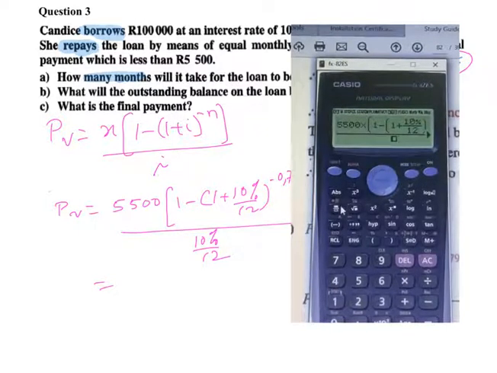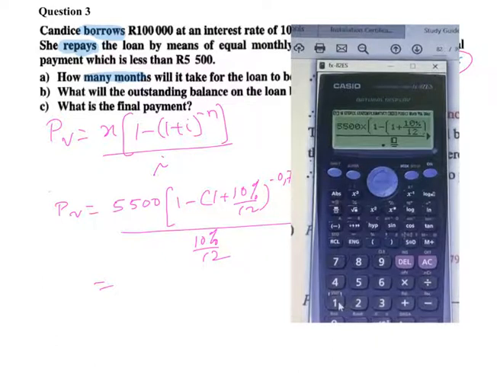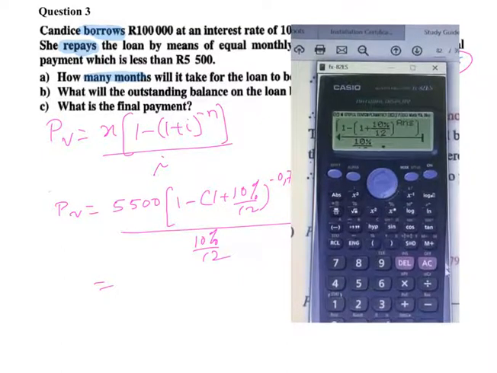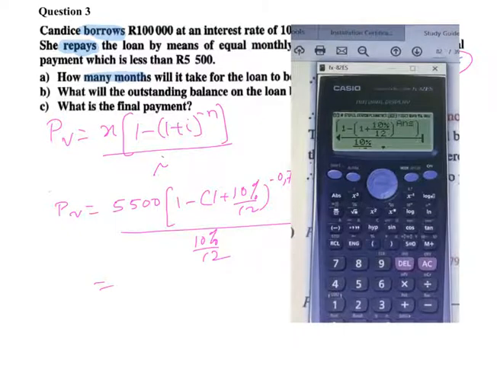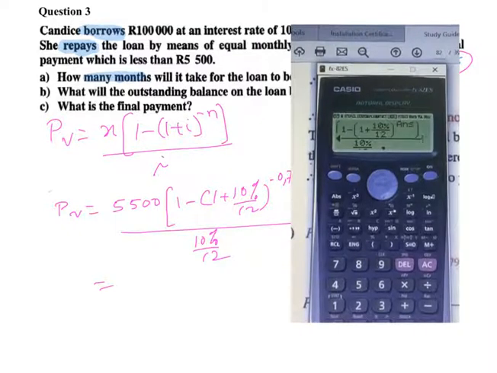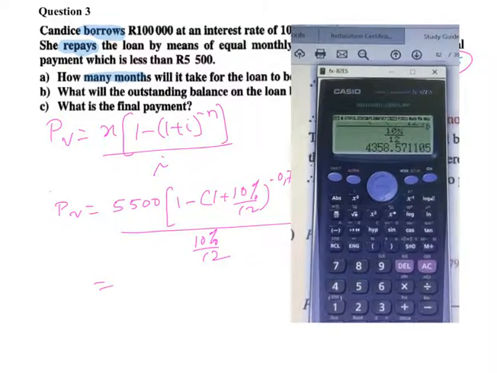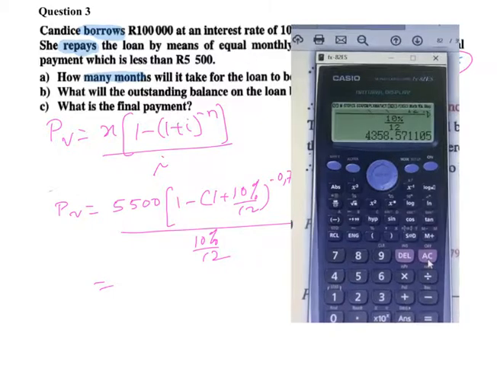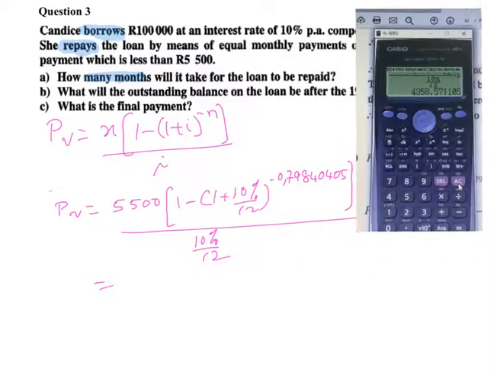That's a shortcut that I use to avoid using those big numbers. 10% divided by 12 in the calculator, and then I press equal to. So I get something like this, 4358.57 as an amount. So this is the amount that I got, the balance outstanding.